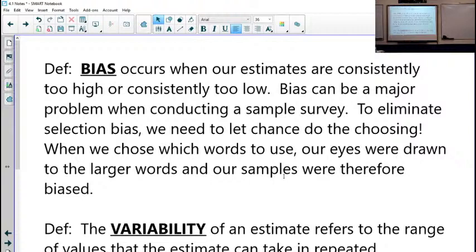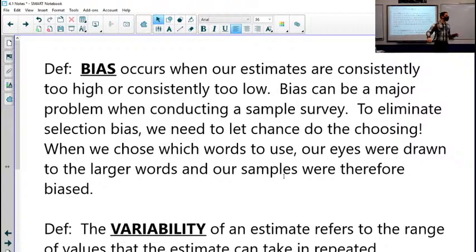So maybe in some way, with the way that we chose to do our sample, we're undercounting or overcounting a certain group of people. Or I talked about how pointing at a word at random will overcount the long words because they're more likely to be chosen if I'm just pointing at the paper. So that would be a biased method.